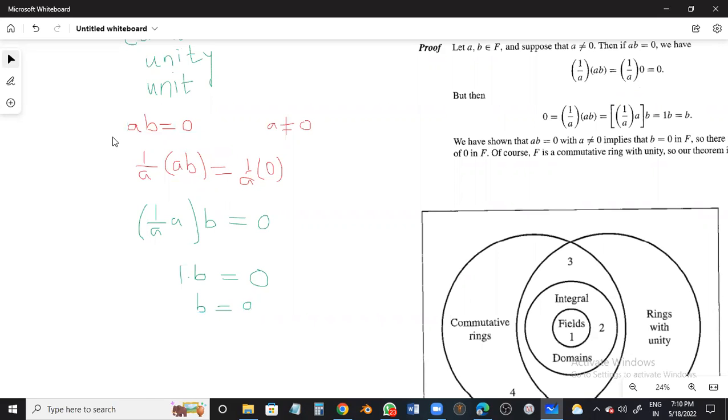Whenever the product is 0 and I know A is non-zero, then surely B must be 0. Unless I multiply by a 0, I cannot get 0. Means this particular ring does not have zero divisors. And if it does not have zero divisors, very naturally it's an integral domain. That is the definition of integral domain.